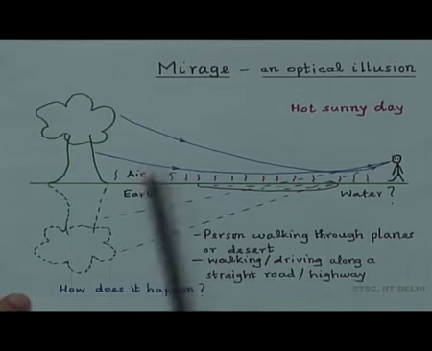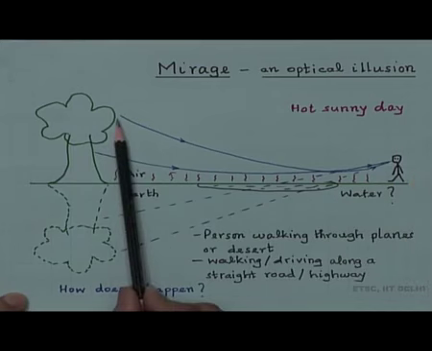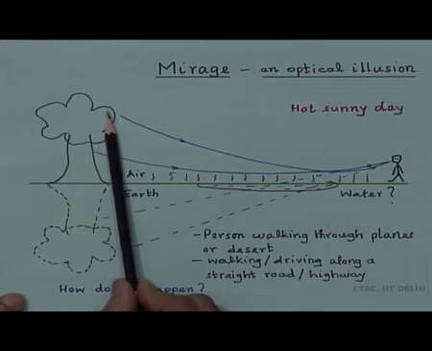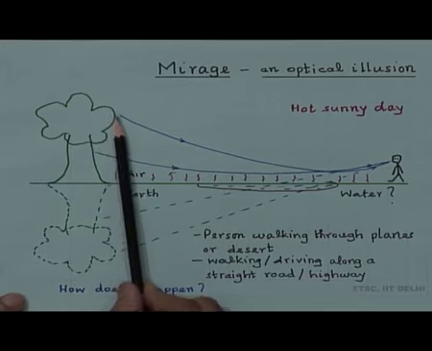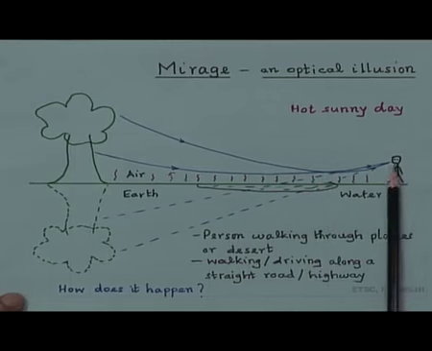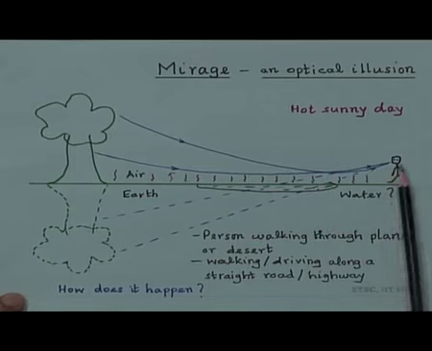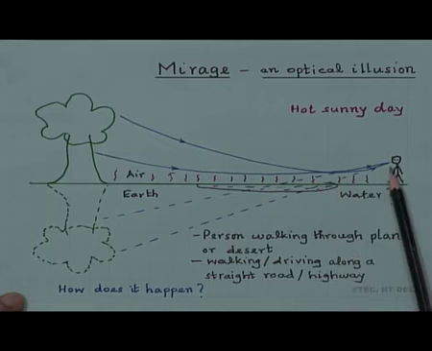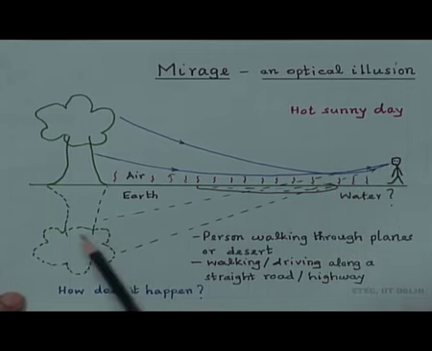So, I have briefly shown here that the rays which start from the object take a curved path, and it gives an illusion of an apparent position of the tree which is here.